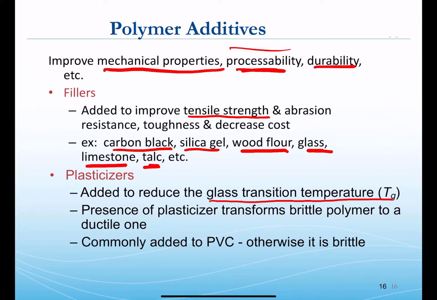So that extra volume provided between chains allows the chains to snake past one another at a reduced temperature. So this allows otherwise brittle polymers to be a little bit more ductile in the presence of a plasticizer. So where is this common? These are commonly added to PVC, given that the secondary bonding is so strong. And so to suppress that a little bit, plasticizers can often be used there to manage the brittleness of polyvinyl chloride.